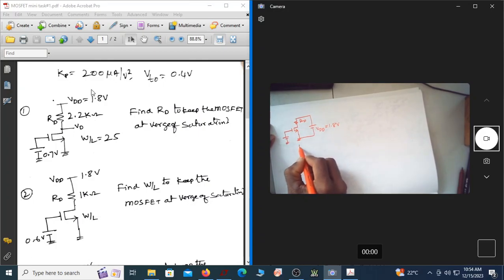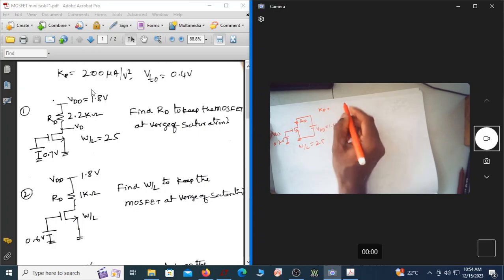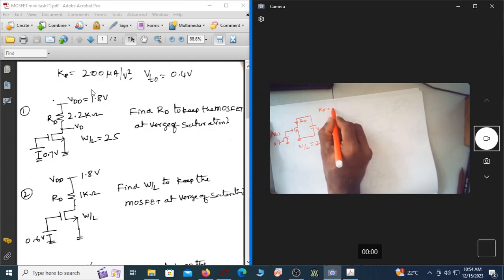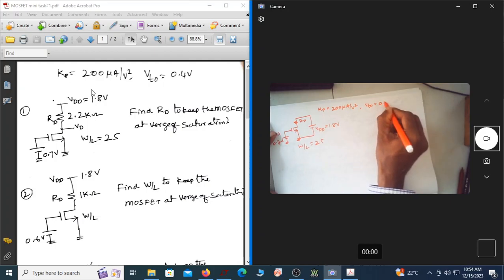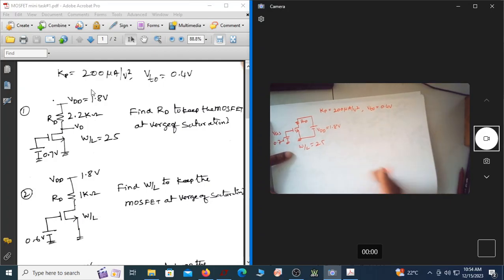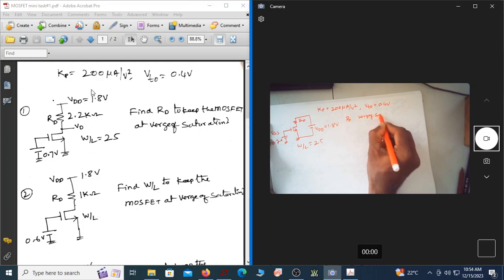The W by L of this is given as 25, and we have been given a VGS of 0.7 volt. The device parameters: KP is 200 microampere per volt square for NMOS transistor, and the threshold voltage is 0.4 volt. We are asked to find the value of RD to keep the MOSFET at verge of saturation.